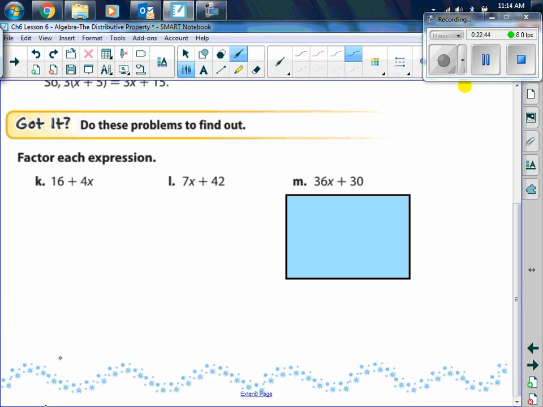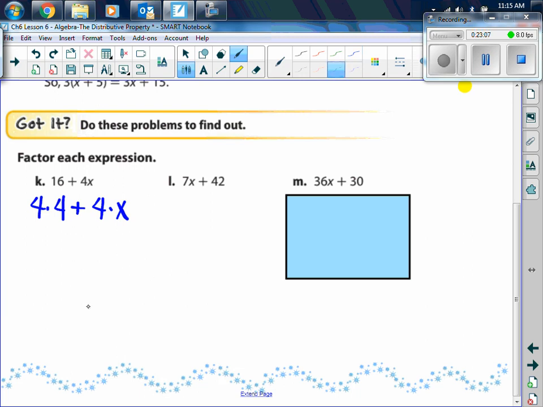So let's factor problem K, 16 plus 4x. So there, the greatest common factor with 16 and 4x is 4. So when we rewrite this, we will rewrite as 4 times 4 plus 4 times x.